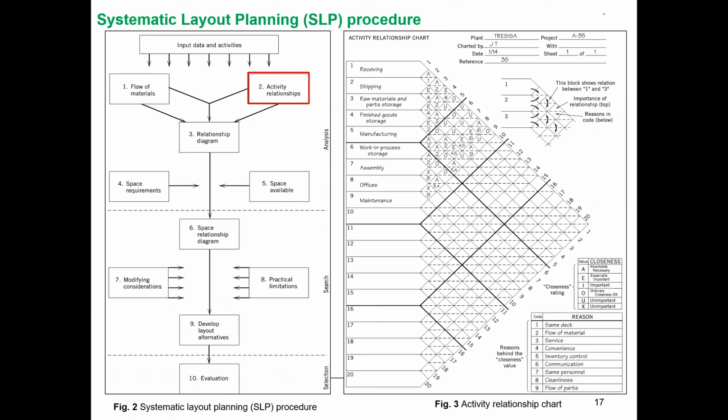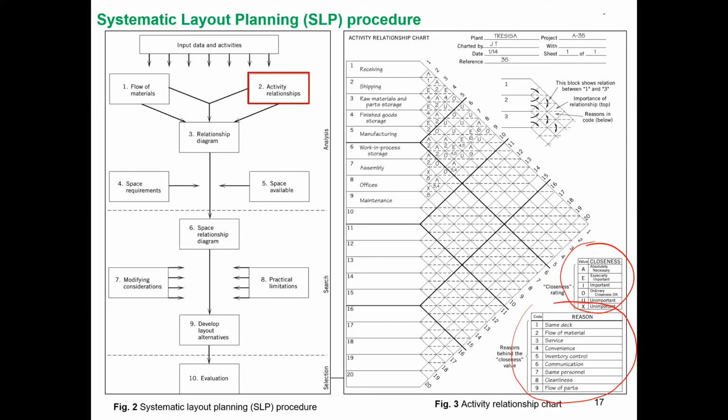As we discussed in the previous lecture, the activity relationship chart allows us to determine, between departments or offices, which ones are required to be close to each other using the closeness rating, and the reason behind it.